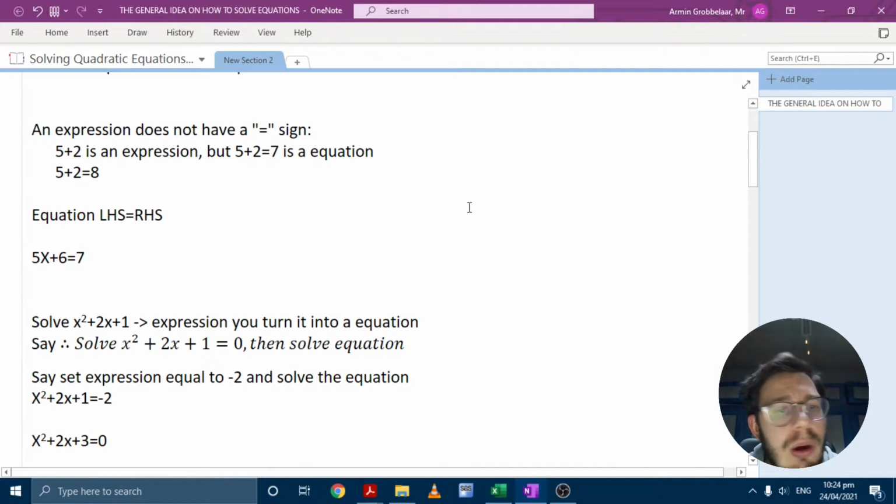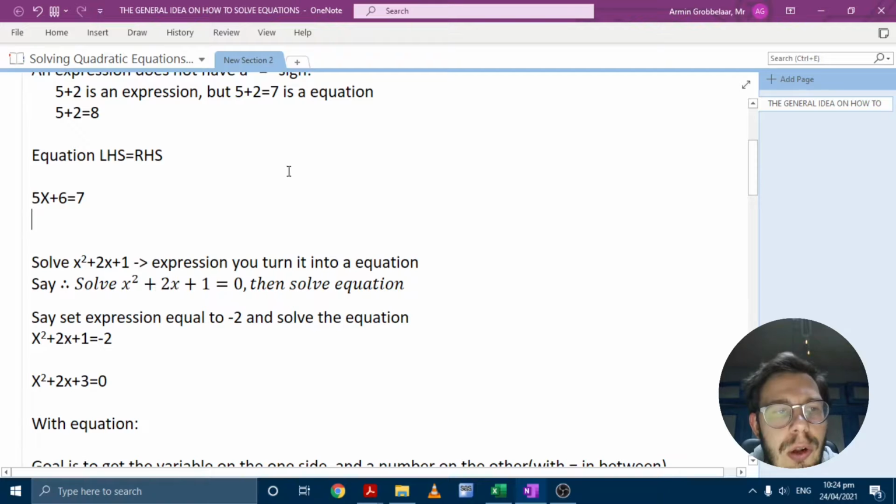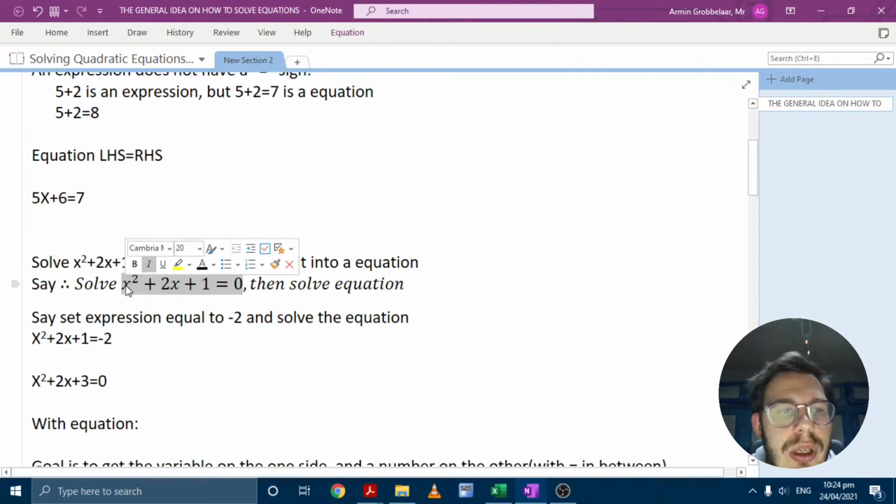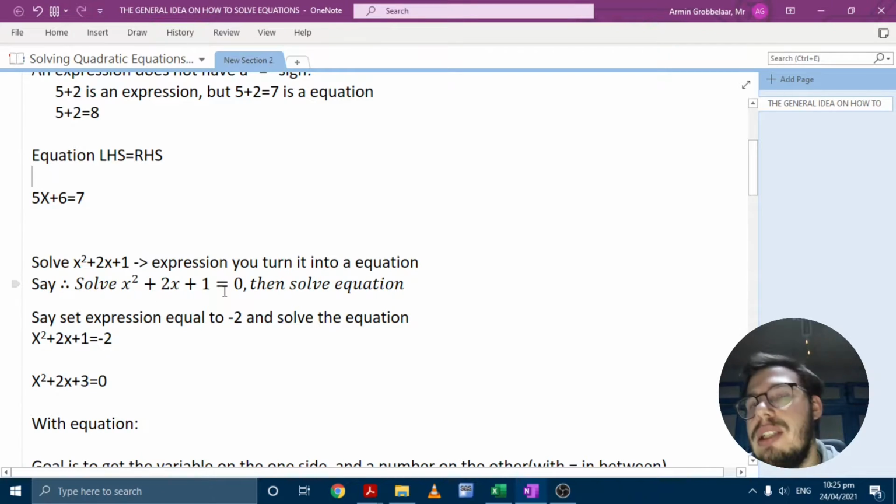Like if we were asked to solve x squared plus 2x plus 1, this is an expression, so we can't solve it. You can only solve an equation. Generally when you have quadratic equations, they'll ask you to solve this. Then you say, okay, therefore solve x squared plus 2x plus 1 is equal to 0, because we don't know what it's equal to.